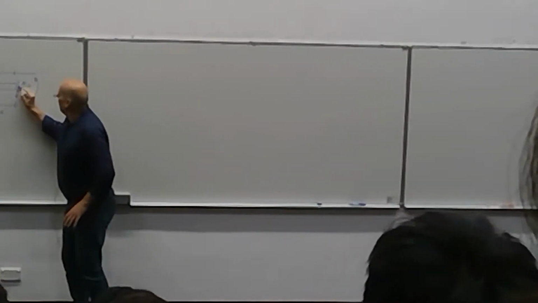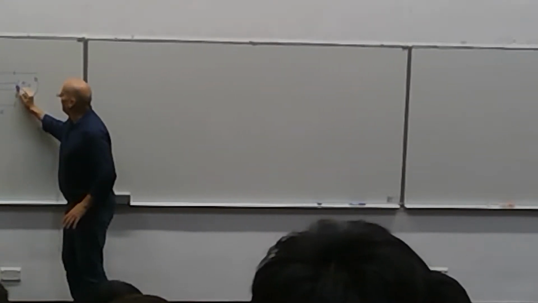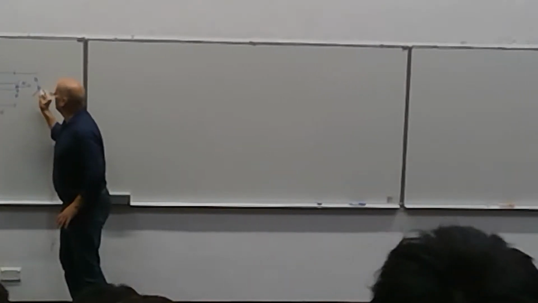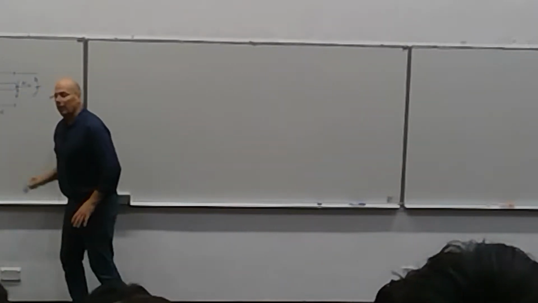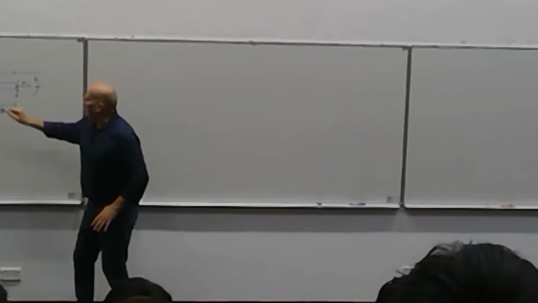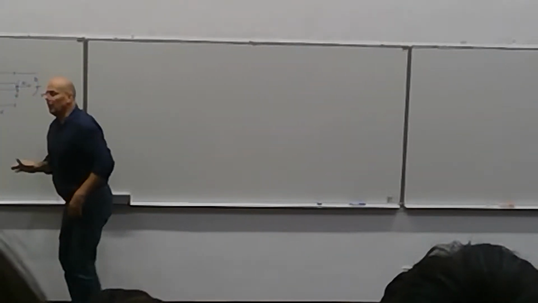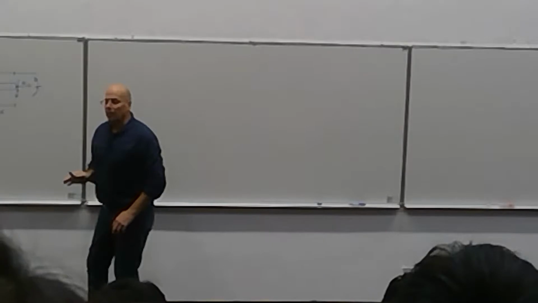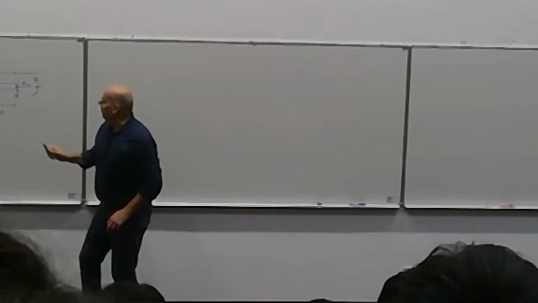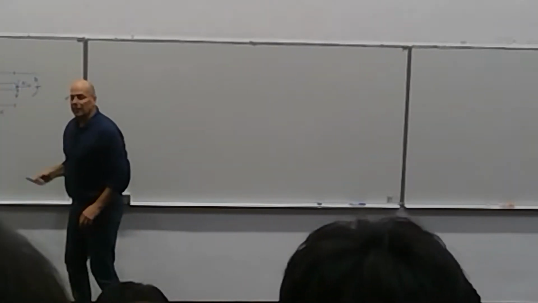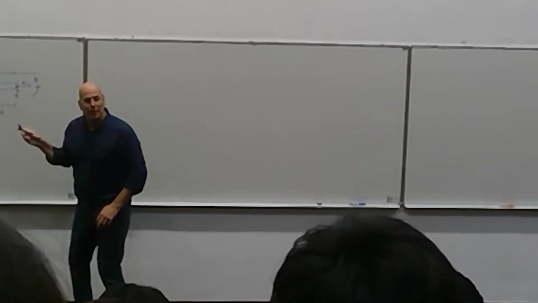Why? Because when I take moments around this point, if these 2 moments were equal, then this segment would have a couple of forces and could not be in equilibrium. You have V here and V here at the distance delta X, so you have an overturning moment.